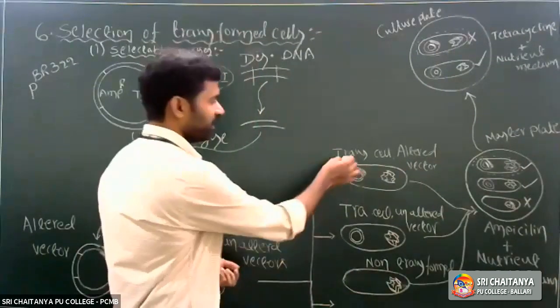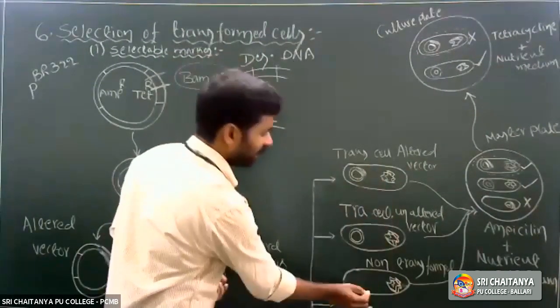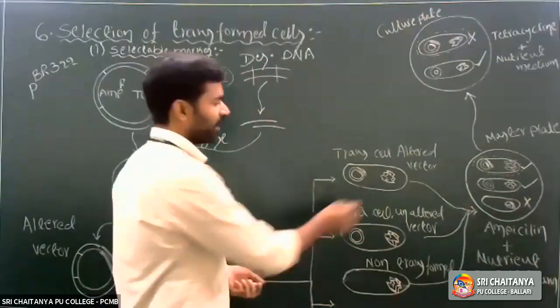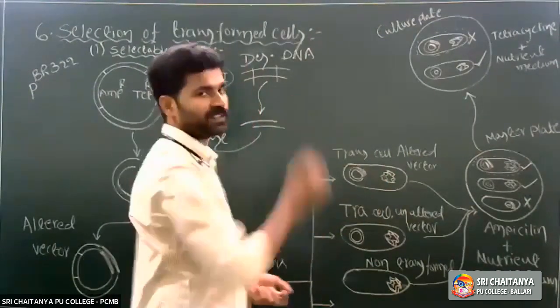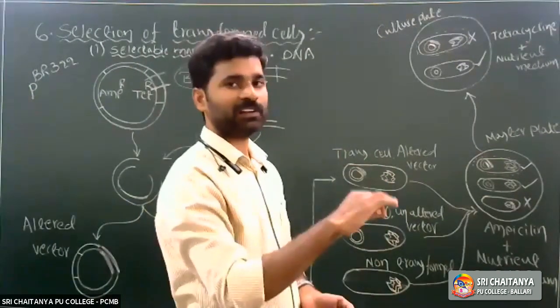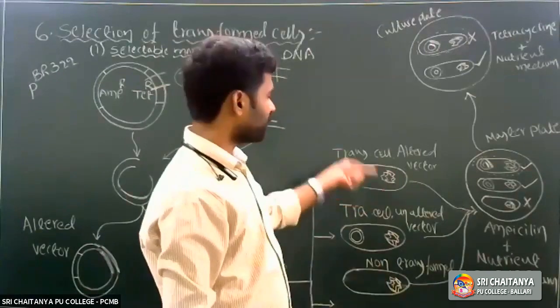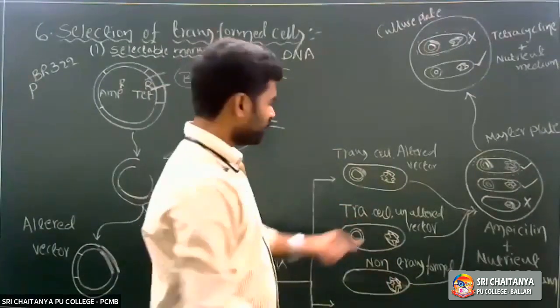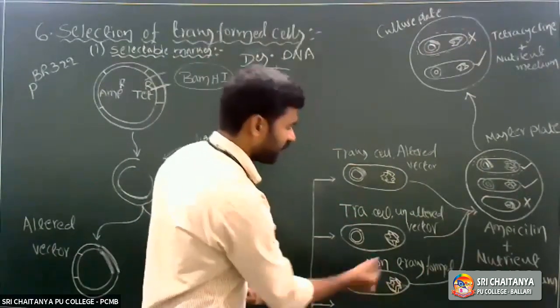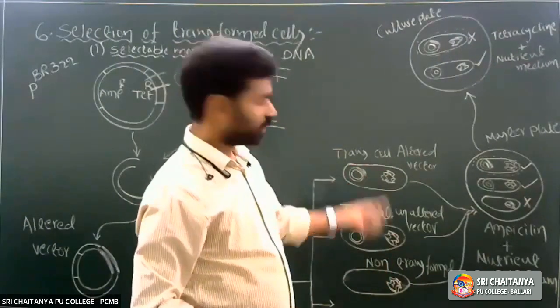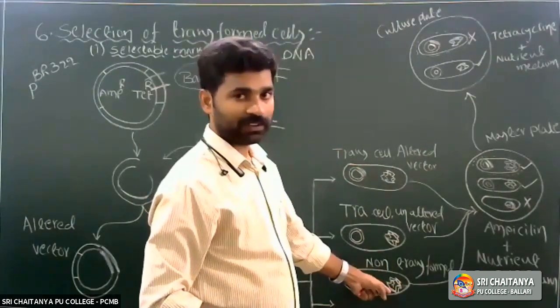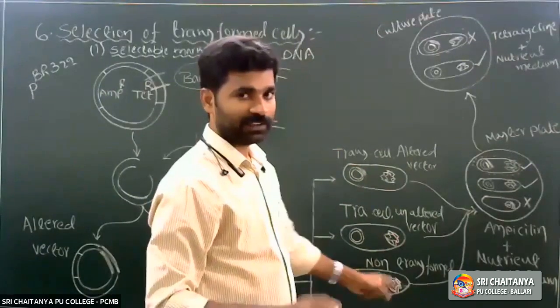So we call them transformed cells and non-transformed cells. The bacterial cells which have pBR322 vectors, whether altered or unaltered, are called transformed cells, right? The bacterial cells which do not have pBR322 are called non-transformed cells. Is it clear?